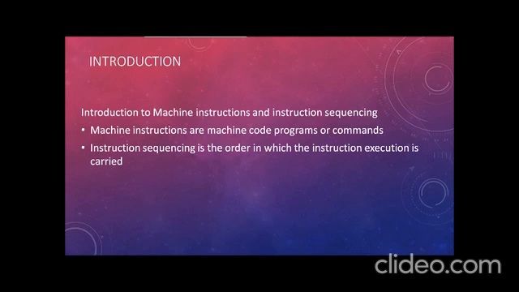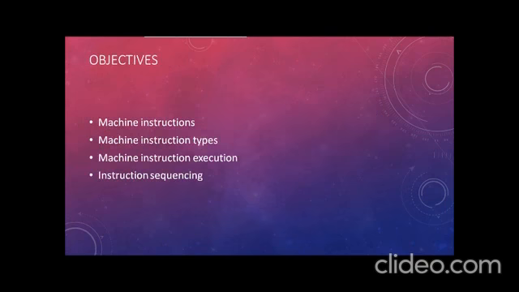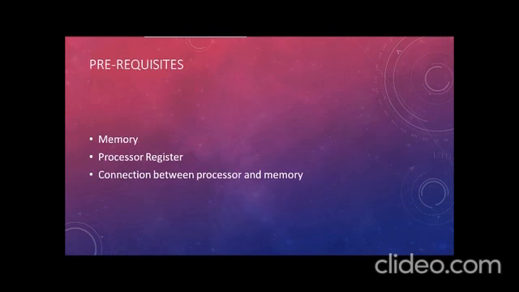Instruction sequencing is the order in which instruction execution is carried out. From this session, you will get to know about machine instructions, their types and execution, and instruction sequencing. Before this, you have to know about memory, registers, and the connection between processor and memory.